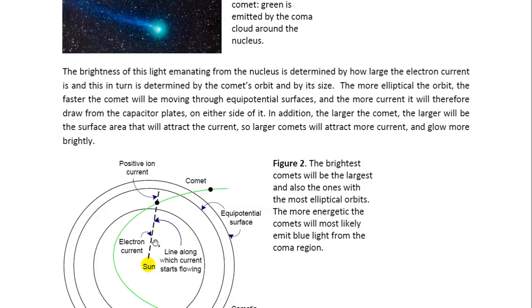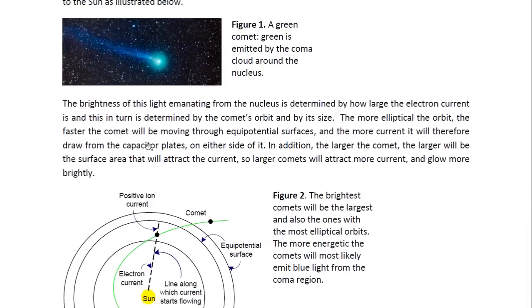So there will be more electrons coming in and more ions coming in, and therefore more interactions at the comet, and therefore it will be brighter. Now, if it's also a very large comet, then the larger surface area will attract more current. So larger comets will attract more current and glow more brightly.